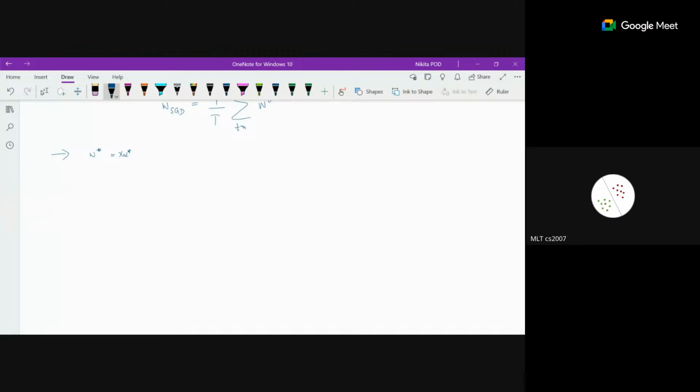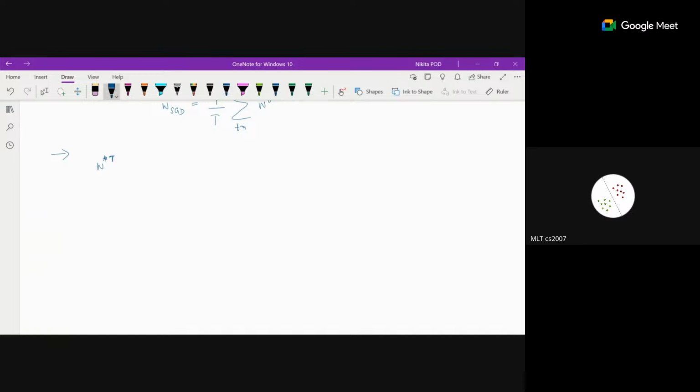Okay. So when we were doing the kernel regression, what we had seen is W star transpose. We had obtained W star.